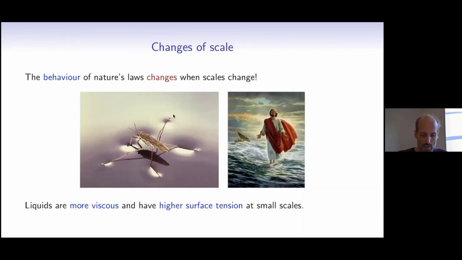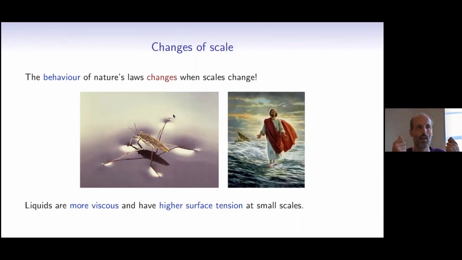And the reason these little insects are able to walk on water is that the equations of motion for fluid dynamics are not linear. Non-linear here means that if you rescale them, if you do a change of scale, the various coefficients that show up in the equation change.